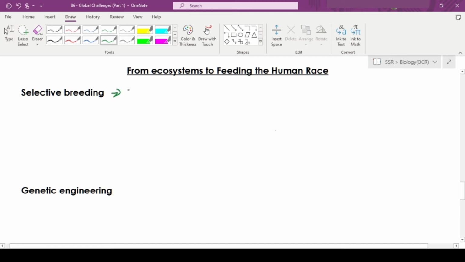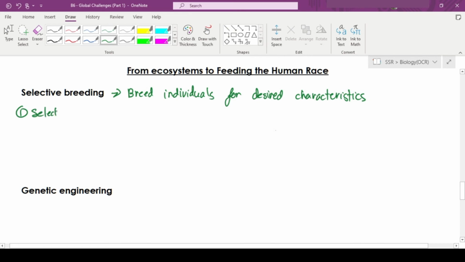The first of these is selective breeding, which is where you breed individuals for their desired characteristics. And so the first step to this is to select individuals with high levels of the characteristic that you are trying to have, that you're trying to encourage.